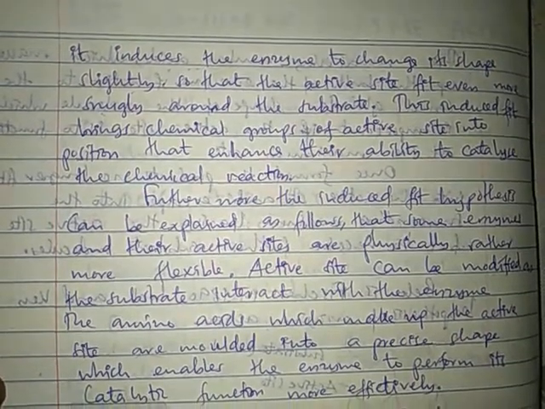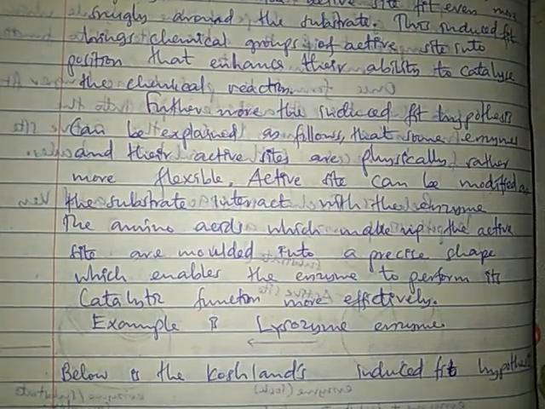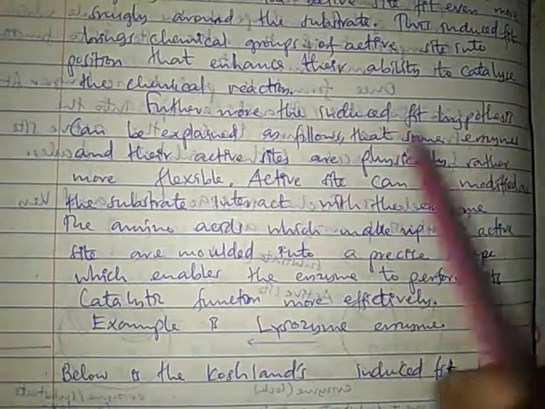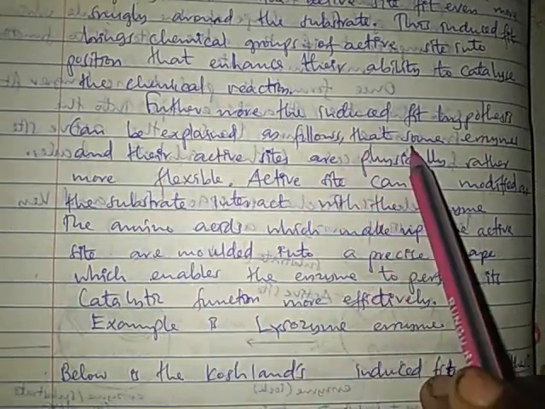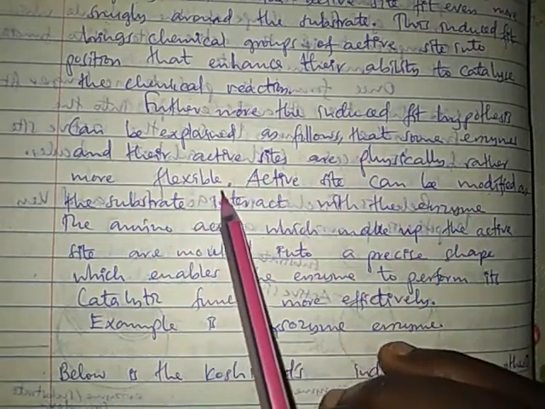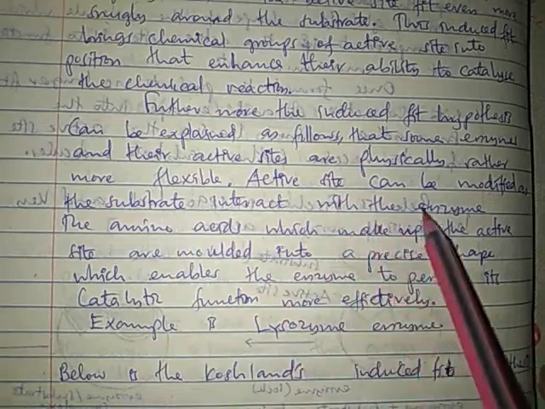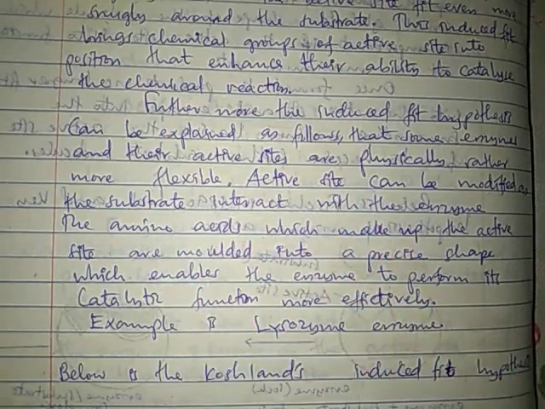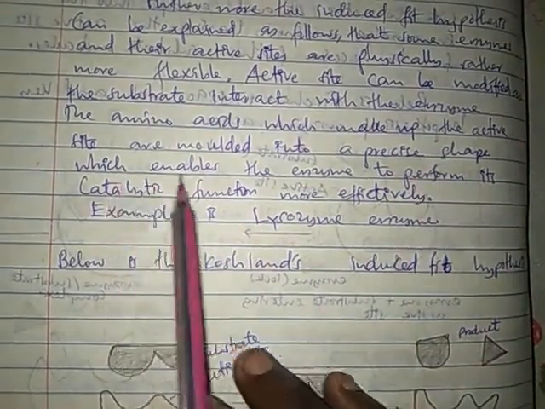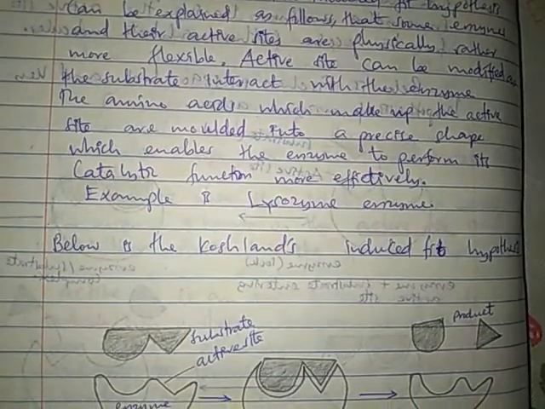Kwa shape ya enzyme according to induced fit inaendelea kubadilika kwa kadri vile ambavyo substrate anakuwa anaingia. Furthermore, the induced fit hypothesis can be explained as follows: some enzymes and their active sites are physically rather more flexible. The active site can be modified as the substrate interacts with the enzyme. The amino acids which make up the active site are molded into a precise shape which enables the enzyme to perform its catalytic function more actively.